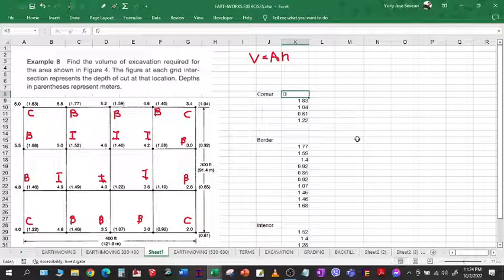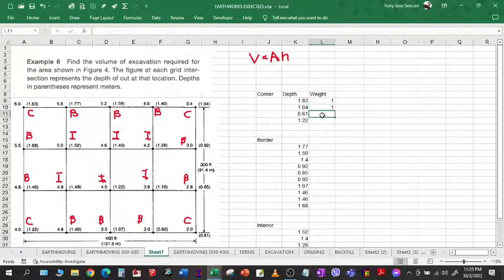Let's say this is the depth. And now we introduce what we call the weight. If the point is a corner point, the weight would only be 1. And if it is a border point, the weight will be 2.